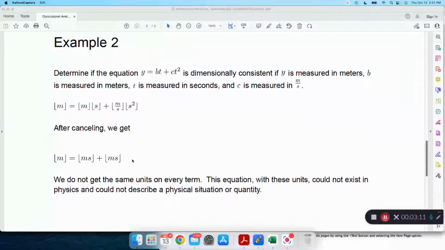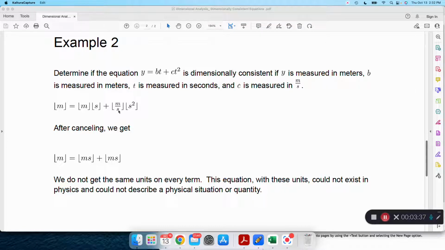Okay, here's another example. Let's say we had here y's in meters, b is also in meters, t's in seconds, and c's in meters per second. So we just plug in all those units. Again, I like to use these little angle braces here. Meters for y, meters for b, seconds for t.